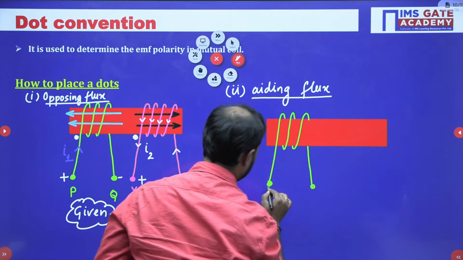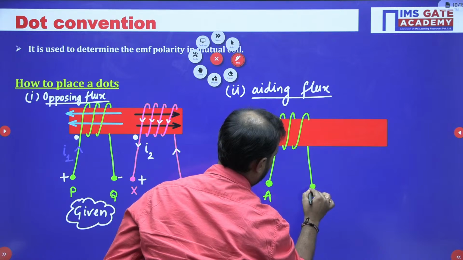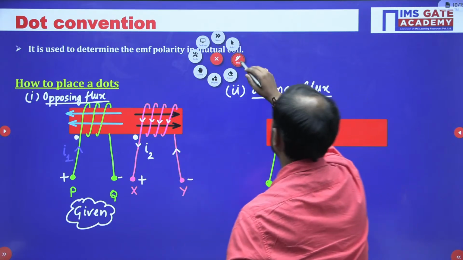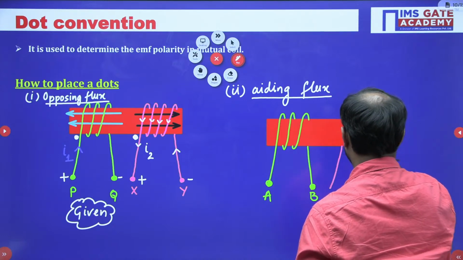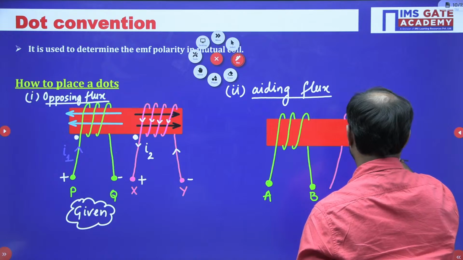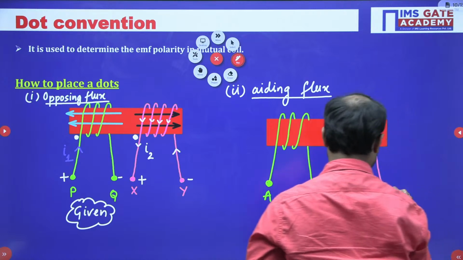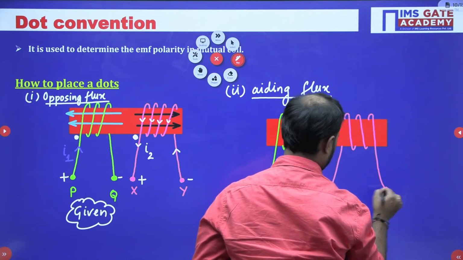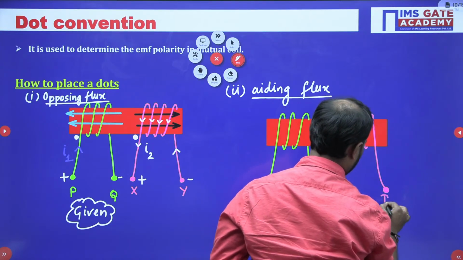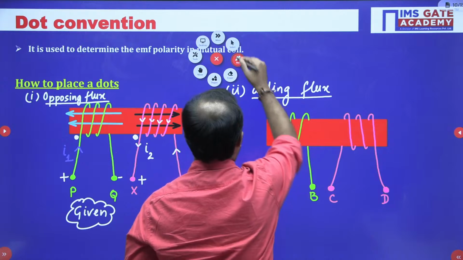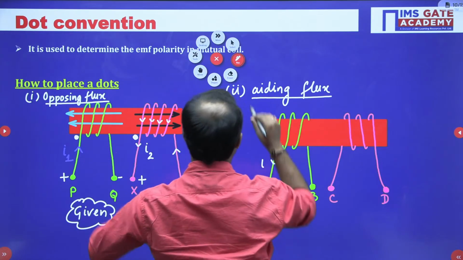So let me take this as A, B, here, C and D. So this is your current direction in the first coil.